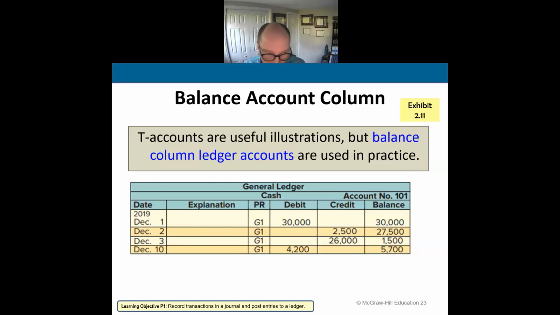The second transaction, it looks like we purchased some inventory, $2,500. We would debit our inventory account and credit cash. On December 3rd, it looks like we purchased something else for $26,000. But you see that this general ledger only shows what's happening in the cash account.